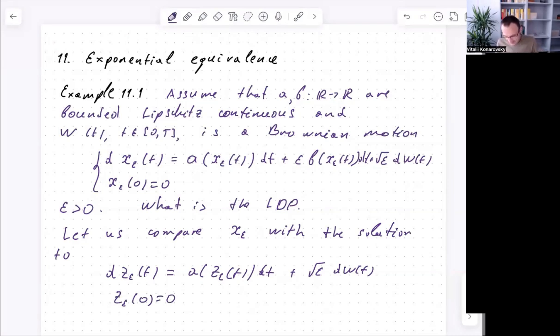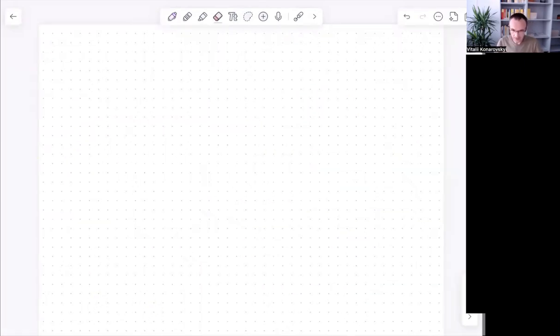If these two solutions are not far away, probably there is a chance also to get the large deviation principle. Therefore, we need to understand how far away they are, and let's do the comparison.